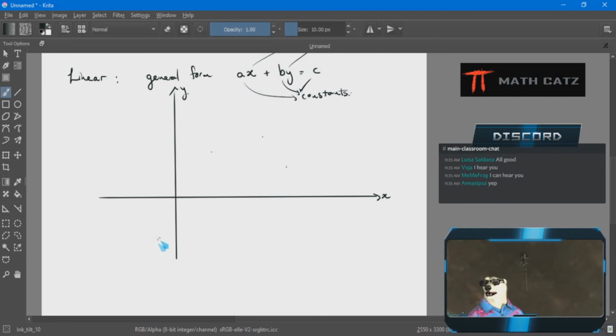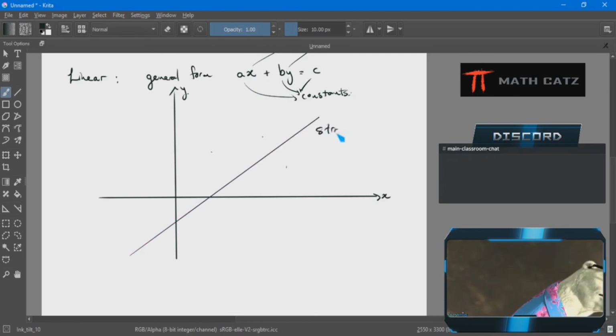We get some sort of straight line depending on the a, b, and c values. But it's always going to be a straight line graph. Of course, I would need to know the specific numbers.